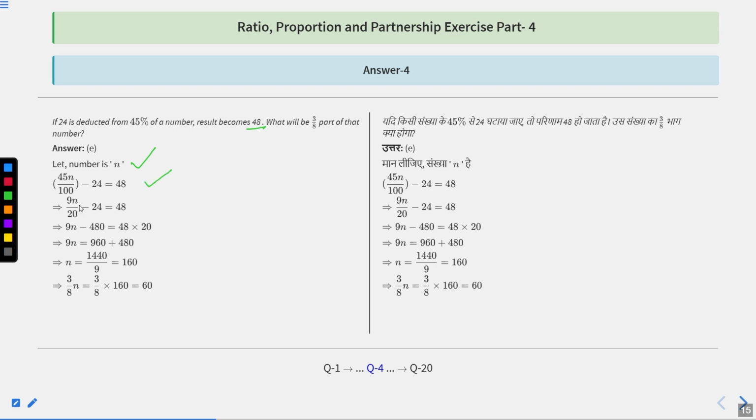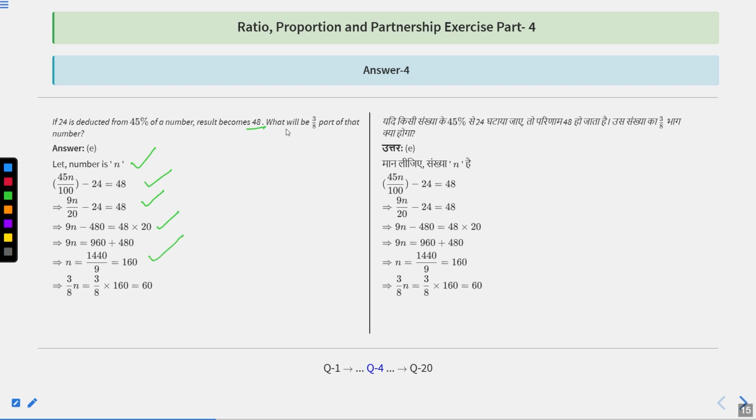When we solve it, what do we get? We get 9n upon 20 minus 24 is equal to 48. Again we solve it. 9n minus 480 is equal to 20 into 48. So 9n equals 960 plus 480. Clear? n equals 1440 upon 9, which is 160.